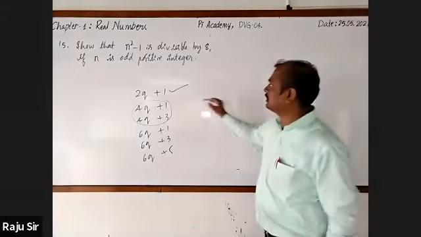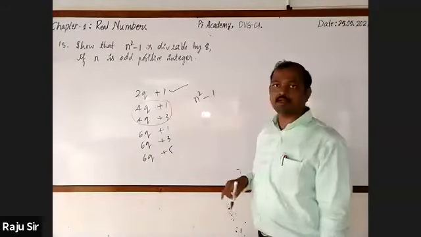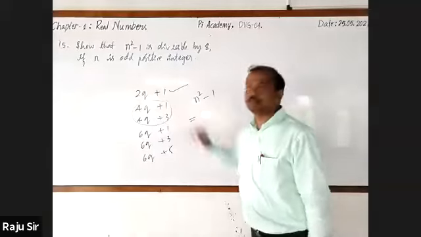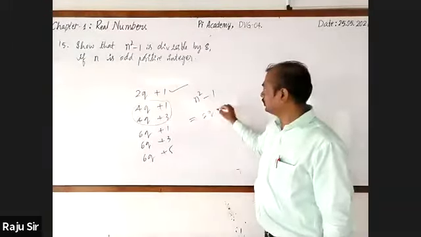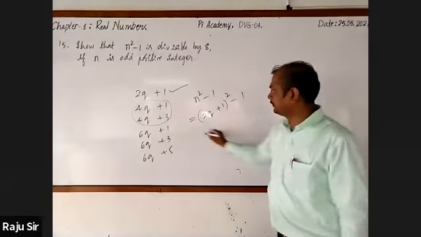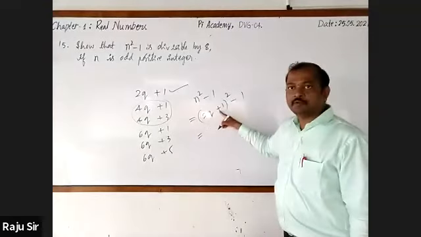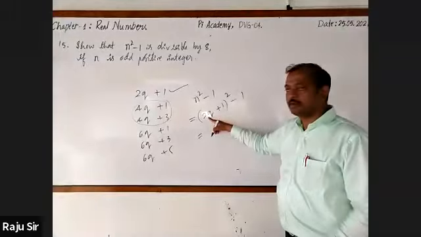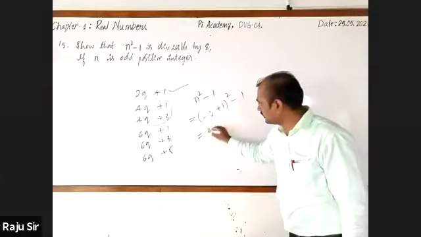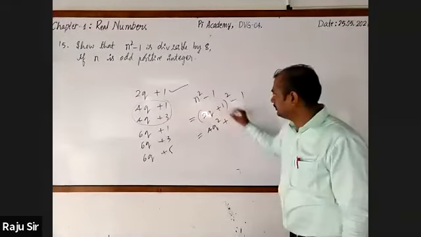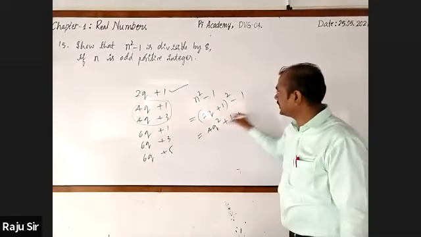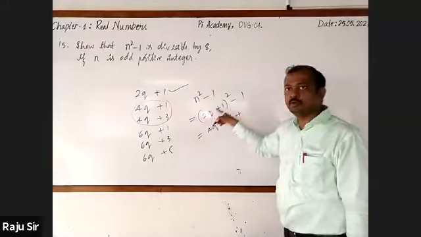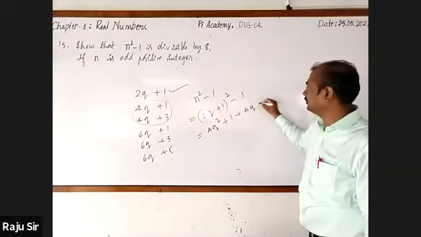Just observe, suppose I take n square minus 1, where n is 2q plus 1. (2q plus 1) whole square minus 1. It is of the form (a plus b) whole square. a square is 4q square, b square is 1, plus 2ab, 2 twos are 4, 4q.